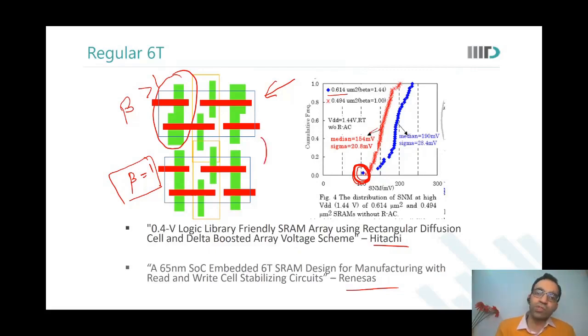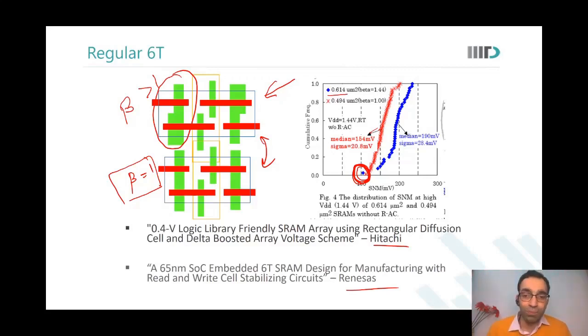If I would just give you these two cells, you know that the top cell has a better SNM than the lower cell. Since the beta ratio of the top cell is better, we know that the median SNM is going to be better, and that is what we see also.